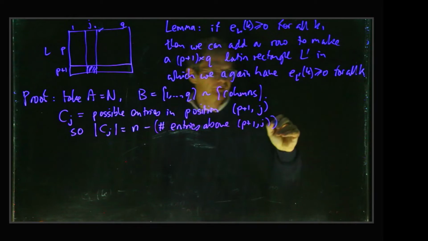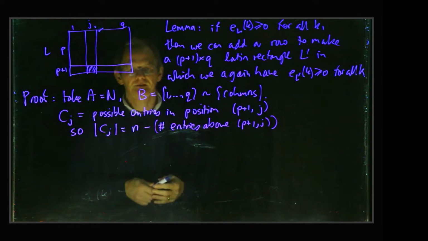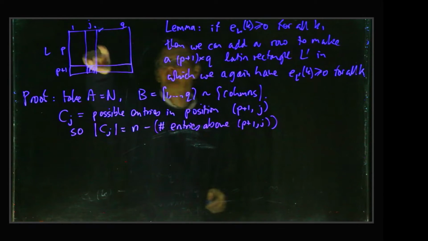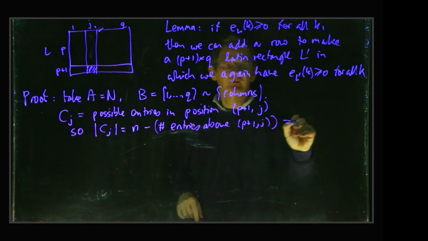This is exactly the same as in the last proof. The potential entries here: there's n minus the number of things above here, and there are p things above, so that's n minus p.